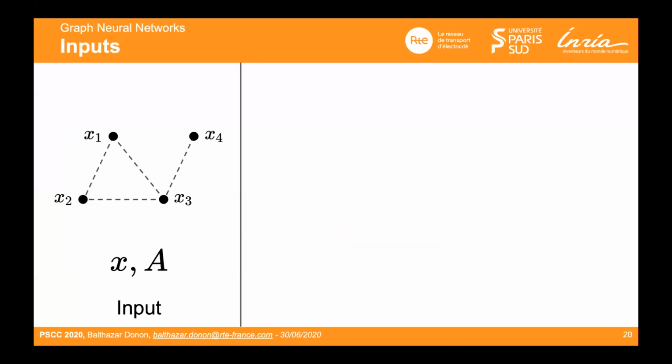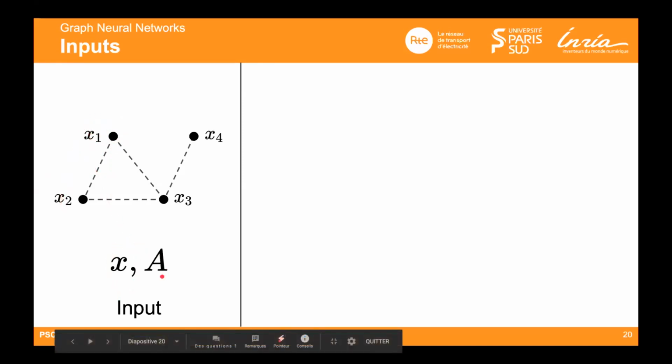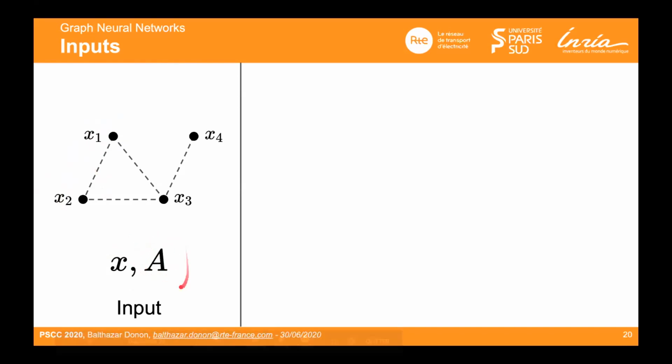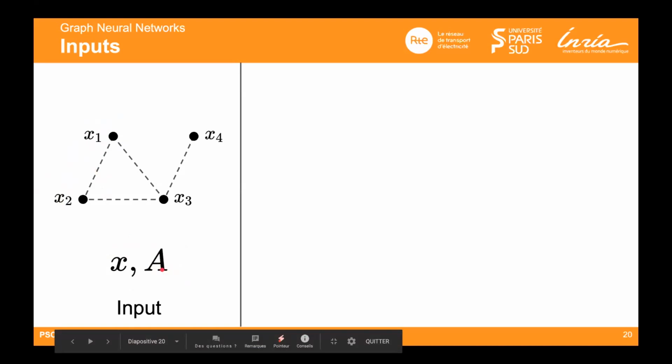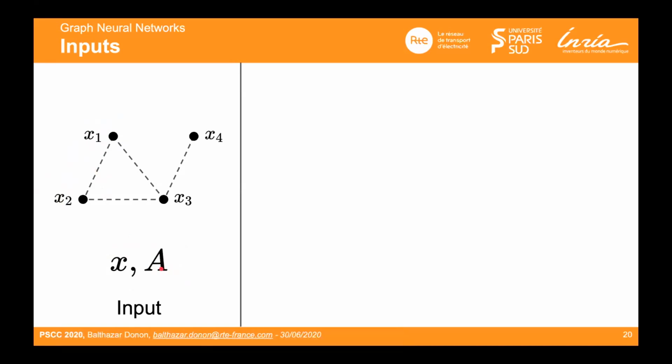So considering the case that we've seen just before, as an input, we need the injections, so power productions and consumptions that are concatenated in X, but we also need information about the adjacency matrix. For the sake of readability, I won't dive into detail, but in all the experiments that we conducted, we include in A all physical information about the lines, all physical characteristics.